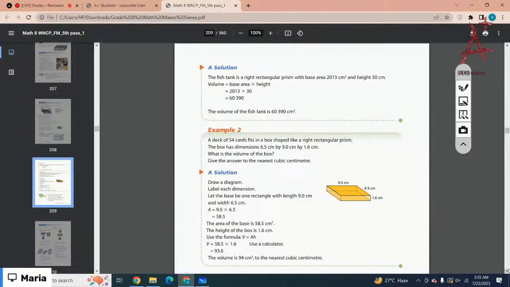So here is the diagram. You have to calculate the area of every face.